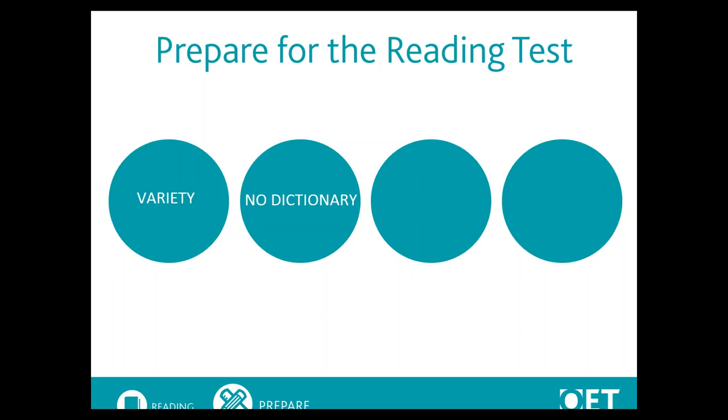Save the dictionary for after you have finished reading, and use an English dictionary to look up unknown words. Do complete official practice tests so that you are familiar with the format of the reading test, but also spend time to improve your reading skills using the ideas presented in this masterclass. This will make the most noticeable difference to your score on test day.